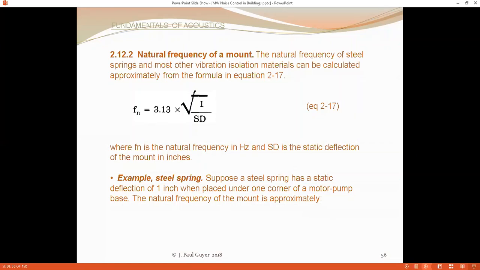One thing you have to watch out for is, though, if your vibration isolators have a natural frequency that is the same as the forcing frequency, which is the speed of rotation.